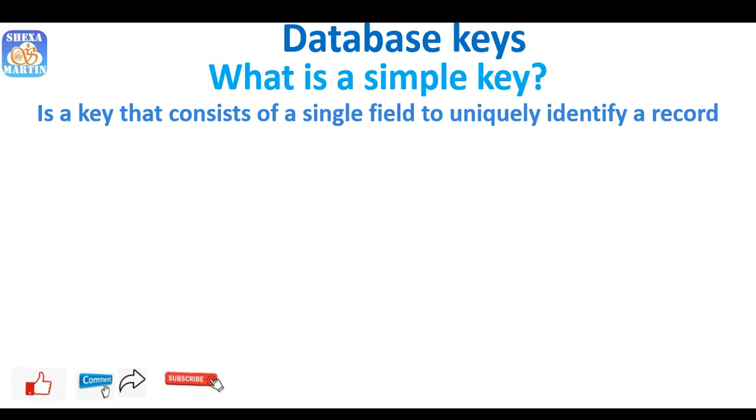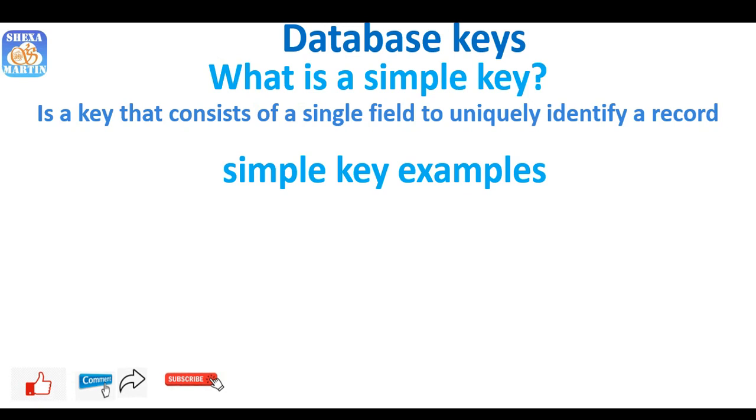So a simple key is a primary key which uses only one column or one field or one attribute to uniquely identify a record or a tuple. In addition, the field in itself cannot be broken down into other fields. For instance, we have ID num that we have talked about, which uniquely identifies a particular driver and is a single field, and therefore that's a simple key. No two drivers would have the same ID num. So that's it for simple key.